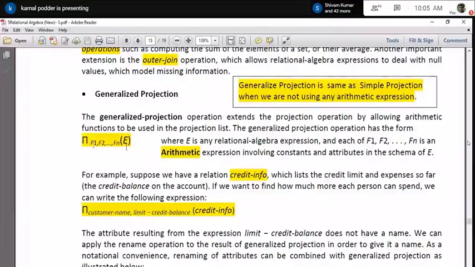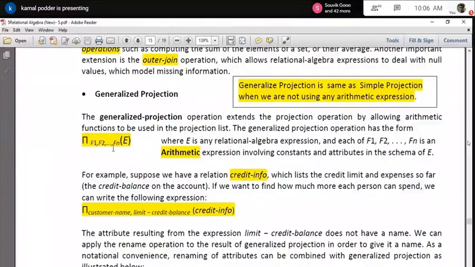Just try to remember that when you are writing the select clause, in the select list or column list, you can refer to a single column, or some arithmetic operation on the columns, or a different type of arithmetic expression. This is the operation through which you do that.